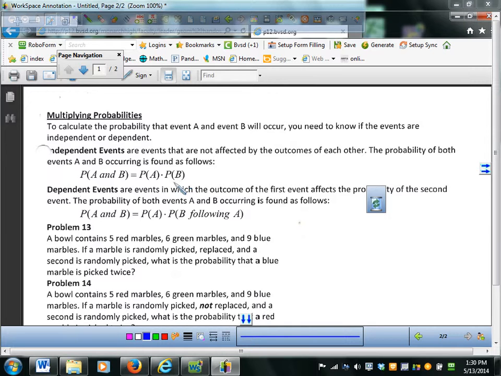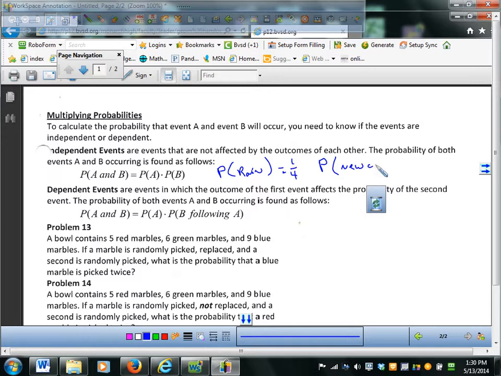So for instance, if the probability that it's going to rain is equal to 1/4, and the probability that you get a new car for your birthday is 1 out of 100, okay?